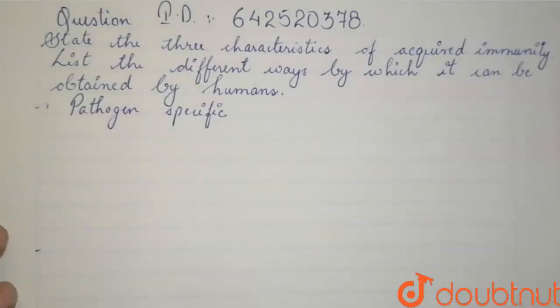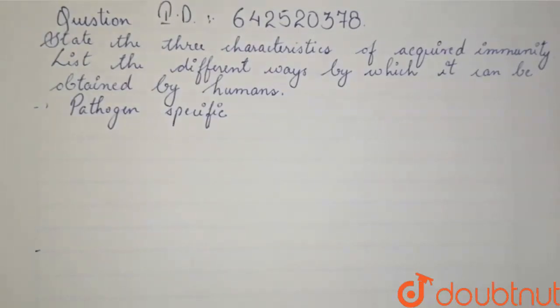Pathogen specific means that the acquired immunity is specific for specific types of pathogens. Therefore, different types of antibodies are produced for different types of pathogen. If a particular type of antibody is produced for a particular type of pathogen, then for any other type of pathogen, a different set of antibodies will be produced.